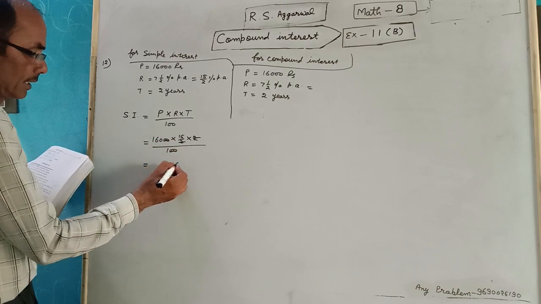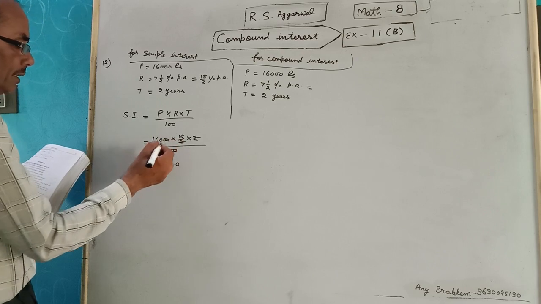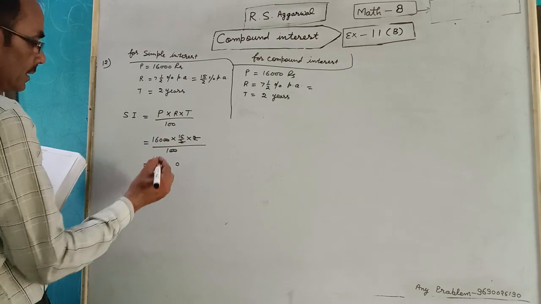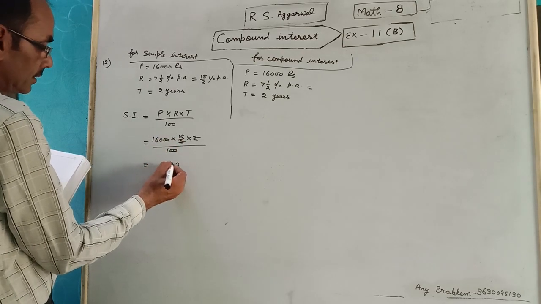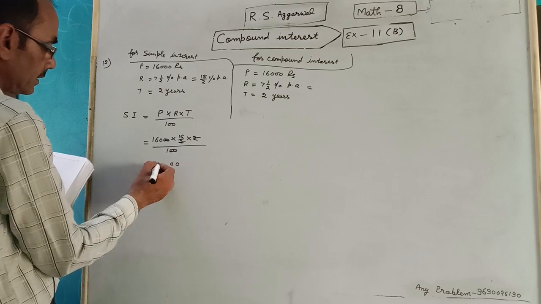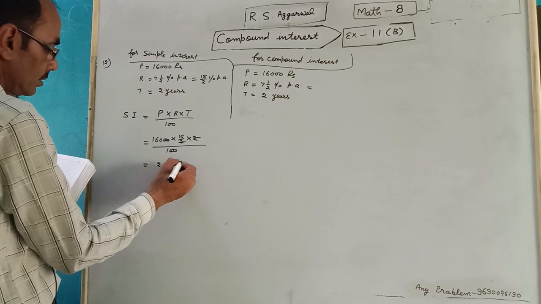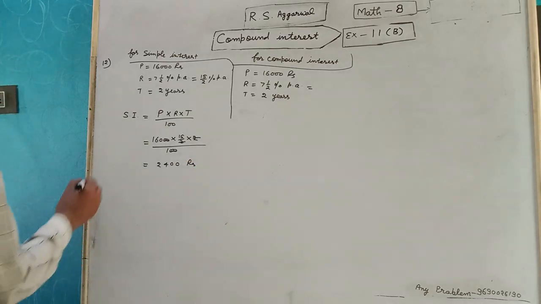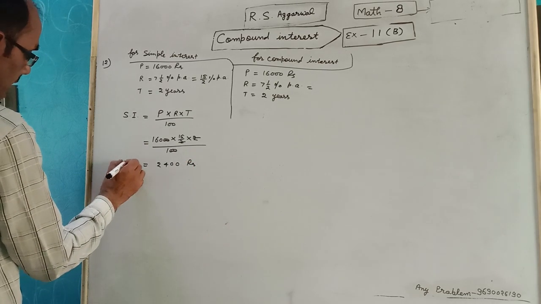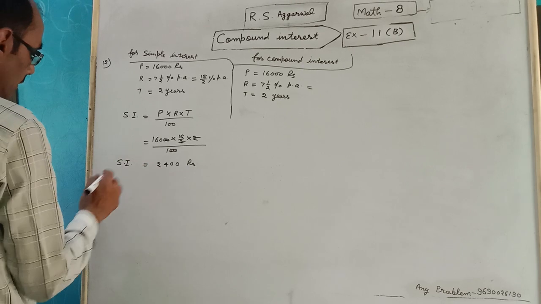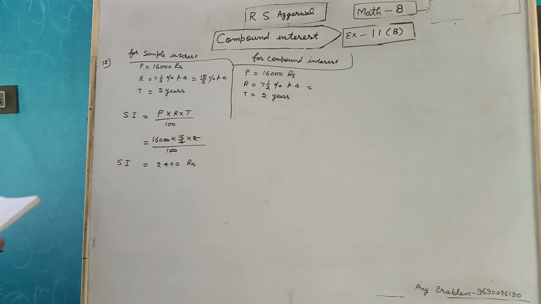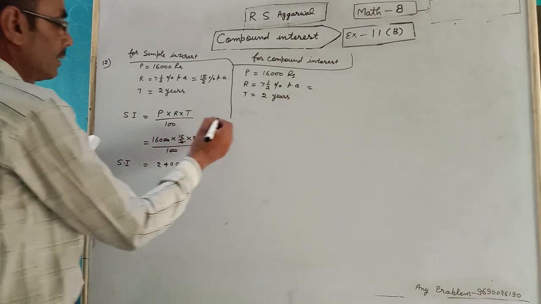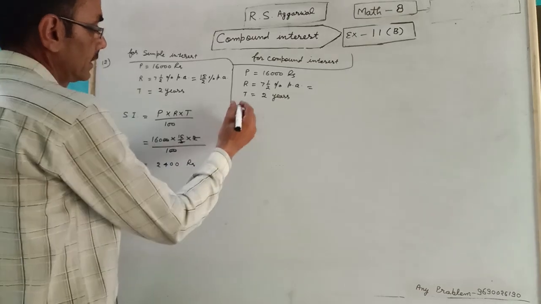After multiply, 15 times 16 is 240, 2,400 rupees he will get for the simple interest. Now find the compound interest.